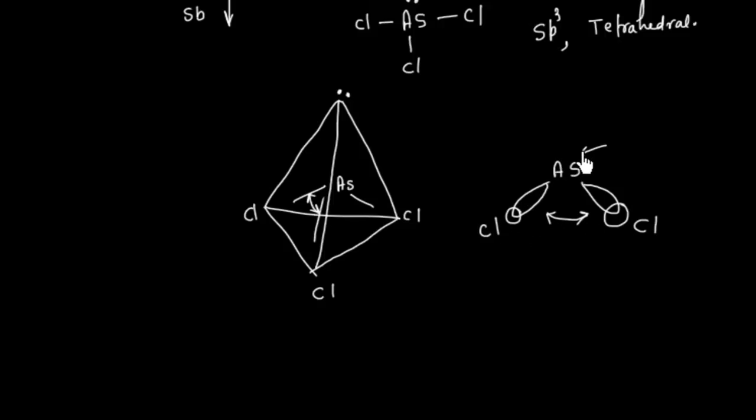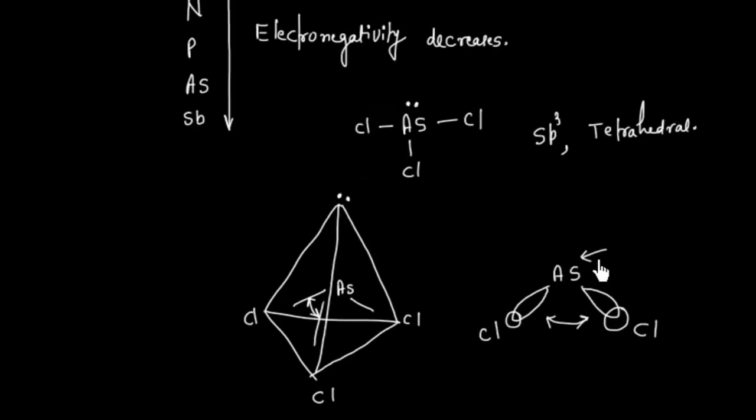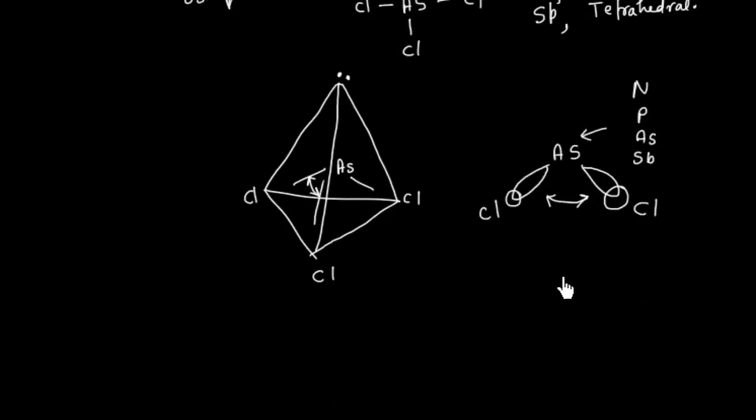If I change the central atom to nitrogen, phosphorus, arsenic, and finally antimony, how will this bond angle change? Now see, in case of antimony, this is the least electronegative, so the electron cloud is mainly away from the atom. In case of nitrogen, the electron cloud is towards the central atom.